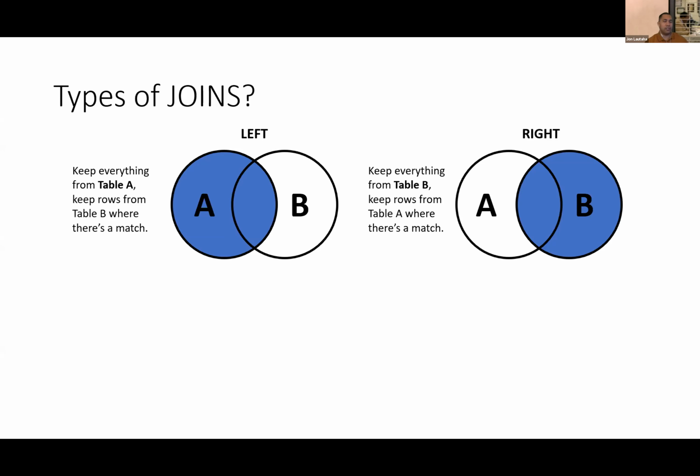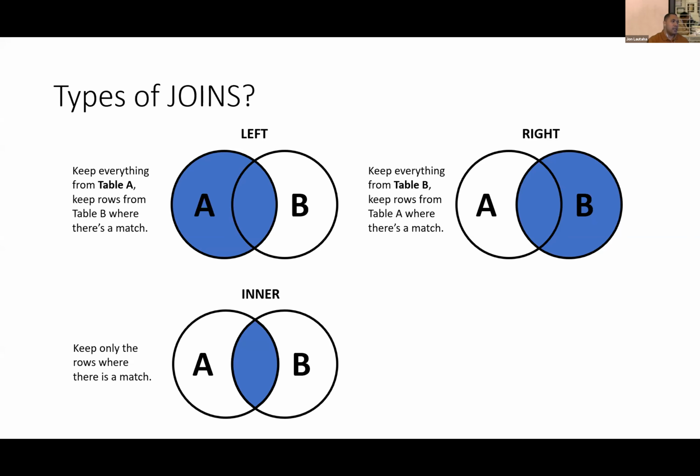There's a right join, which I usually just stick with the left join because it's much simpler, but you can join from the right, where you keep all of the rows from the right table, and then you only keep the rows from the left table that match. Then there's an inner join, which only keeps the rows that exist in both of the tables, so only the rows that have a match, and it takes away any other rows where there's not a match.